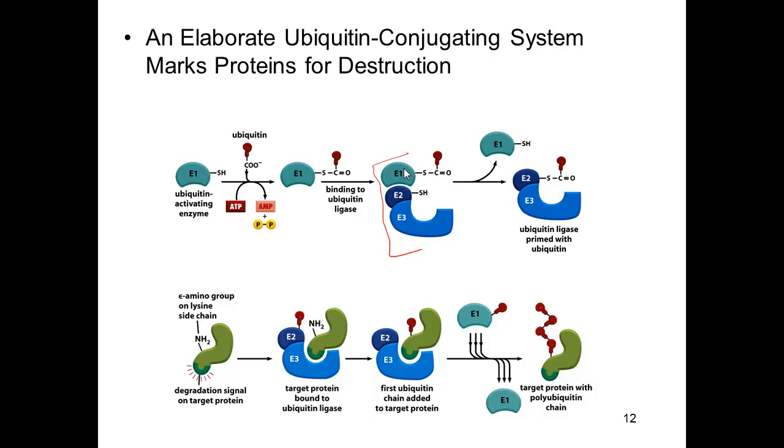Your human genome has a few E1 units, maybe a dozen or so E2 units, and maybe around 6 or 7 dozen E3 units. And so combinatorially, you can have potentially many different E1, E2, E3 complexes, and each of them has the potential of targeting different proteins.